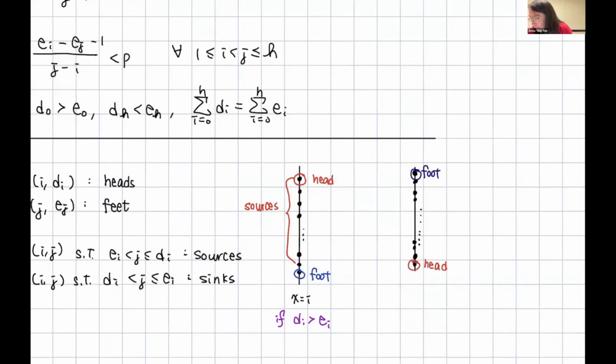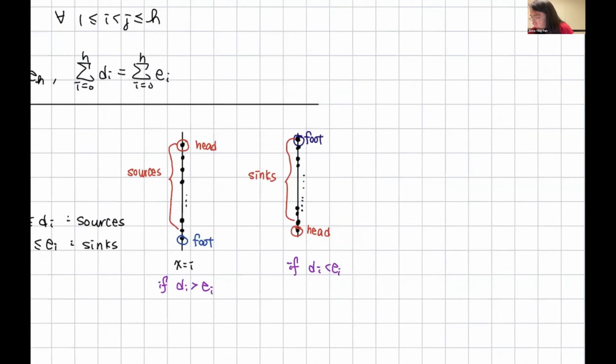In this case, if Di is less than Ei, then from the foot up to the head, they're called the sinks. But you also have a situation when your head and foot are the same, so Di equals Ei, then we don't give you a name because you already have two names.